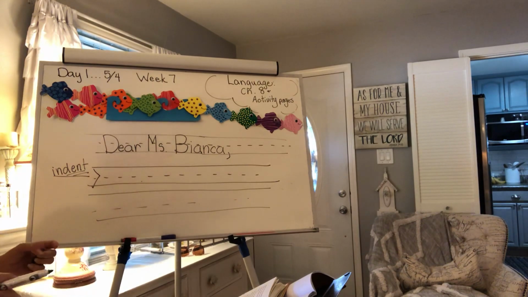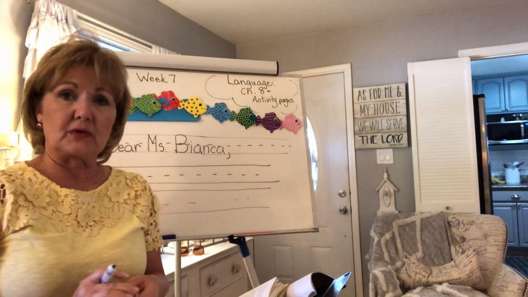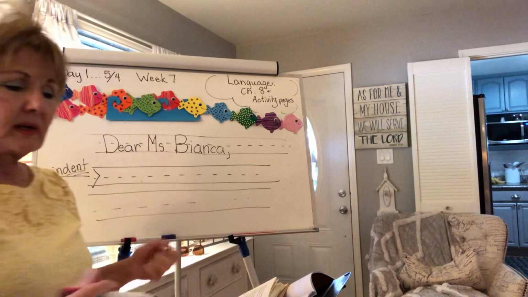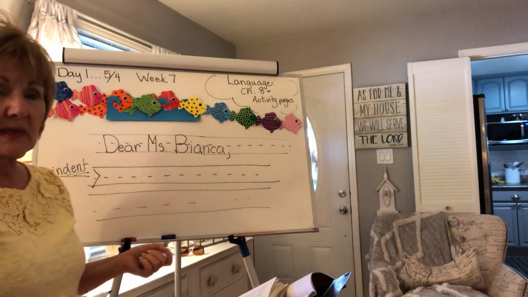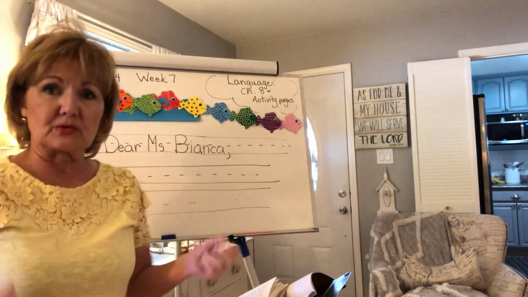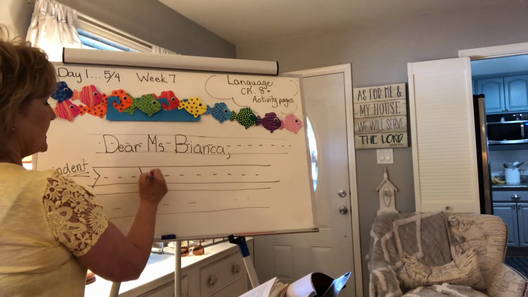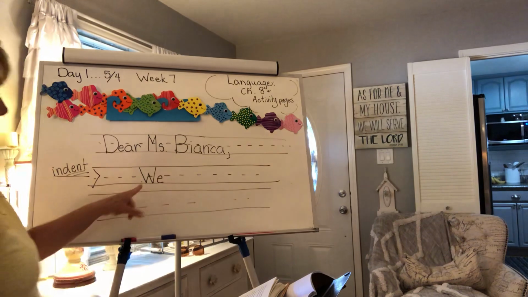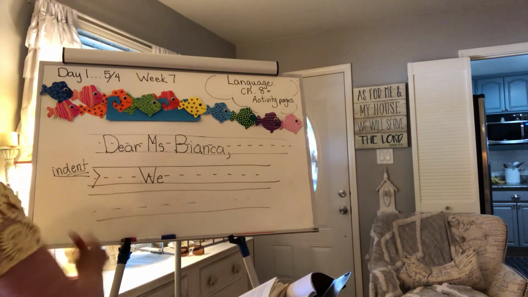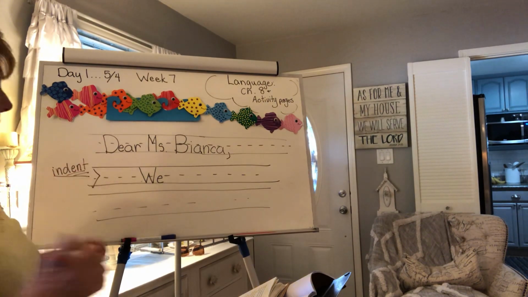Now, it's up to you whether you recommend it, if you're enjoying this book, but we can all start with this so she knows what book we're reading. Why am I starting here? I'm indenting. So you go in about 2 finger spaces. I'm just making it big.